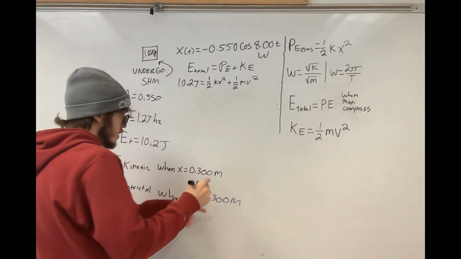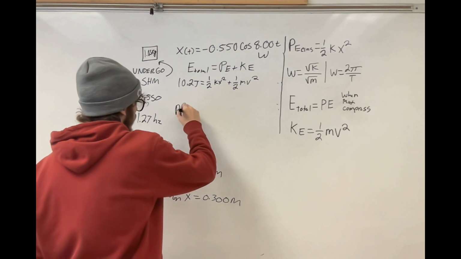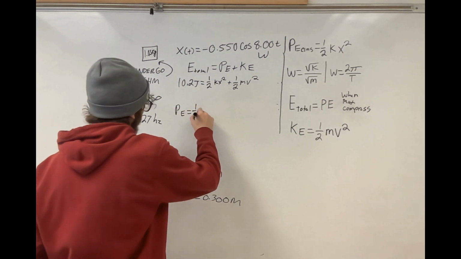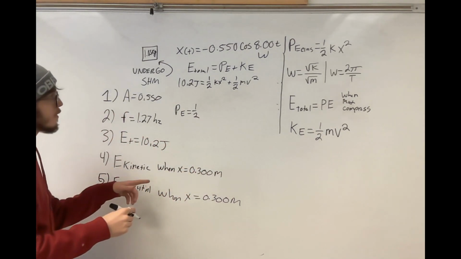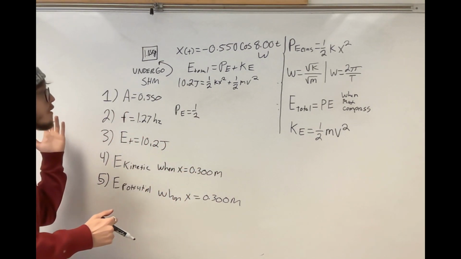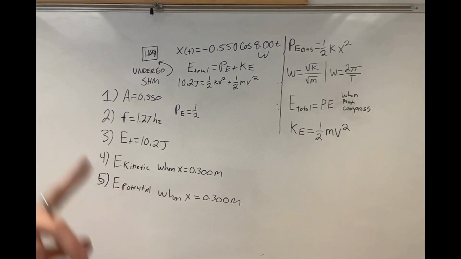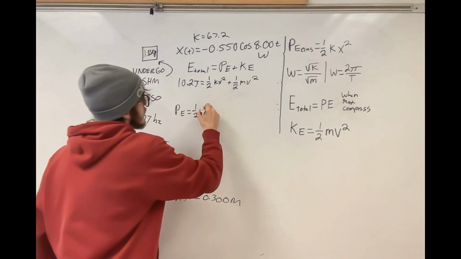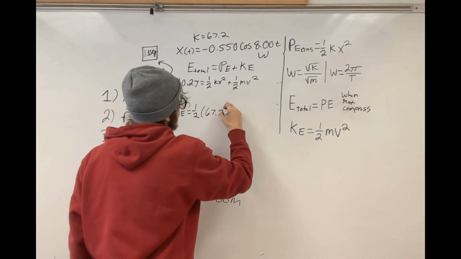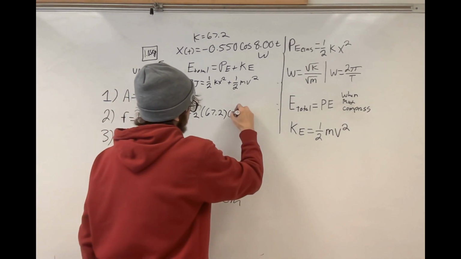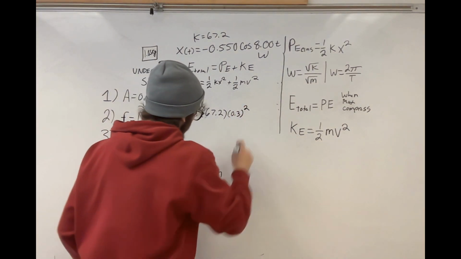Potential energy at 0.3 meters is going to be equal to 1/2 times k. I lost my k. I should have kept it up there. Hold on, I'm going to rewind the footage and figure out what k is. I'm back. It was 67.2. And then we multiply that by the distance, 0.3 squared.